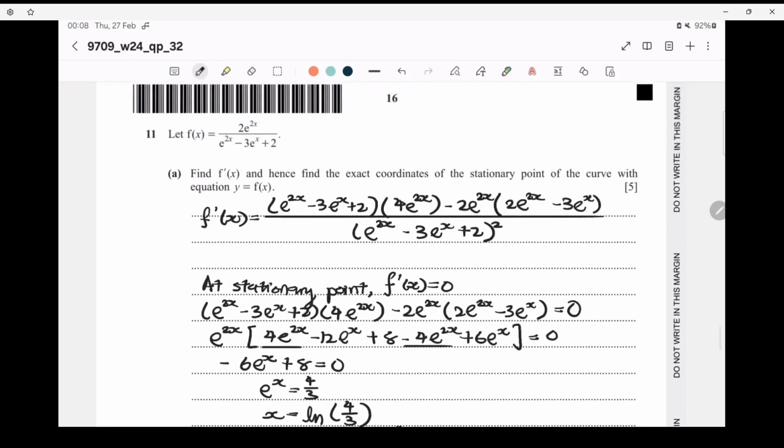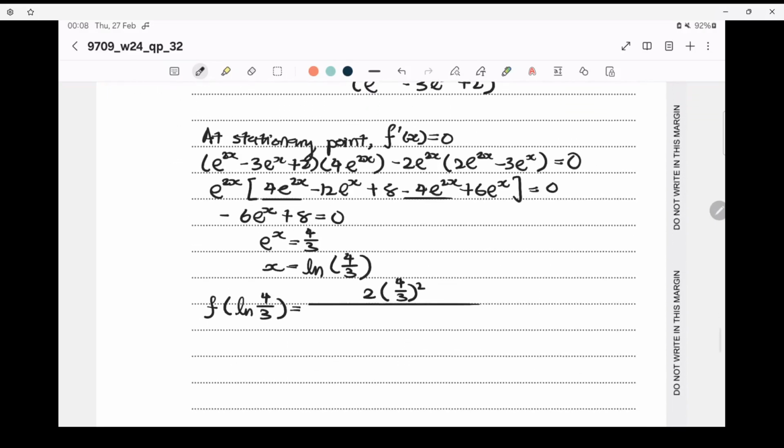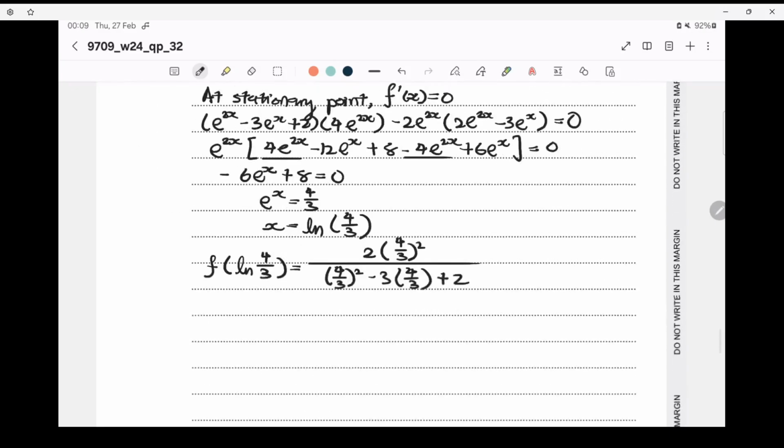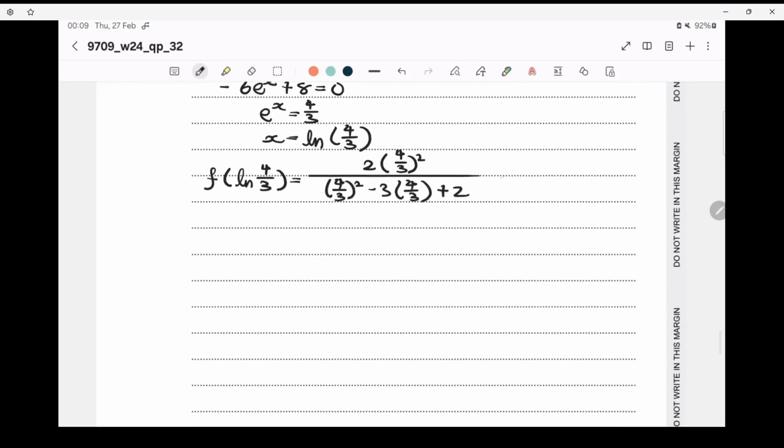At the bottom you would have 4 over 3 squared minus 3 times 4 over 3 plus 2. Evaluate this, you will get minus 16.